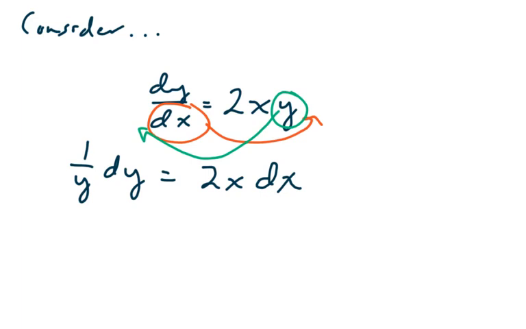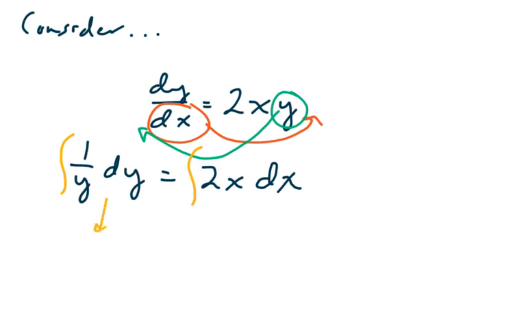Now, really, all we want to do is integrate each side. It's kind of like having two problems for the price of one. And so we're going to do the antiderivative of both sides and come up with our solution.